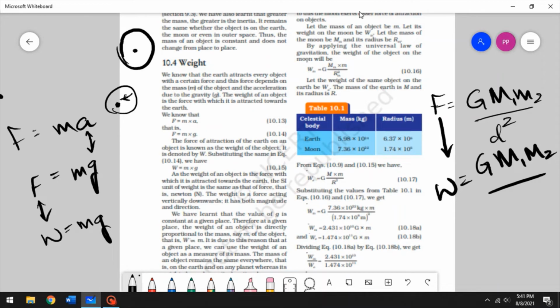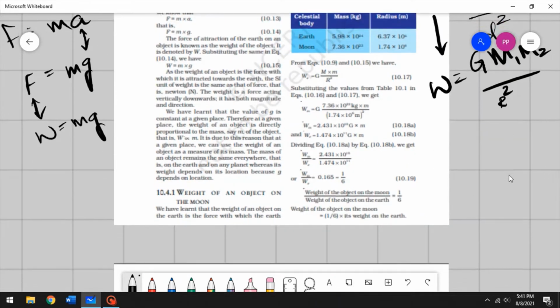If this is the center and the object is here, we measure the distance between the center and the object, which happens to be the radius of the body. So by r squared. That is the equation for the force exerted by a celestial body onto an object on its surface.